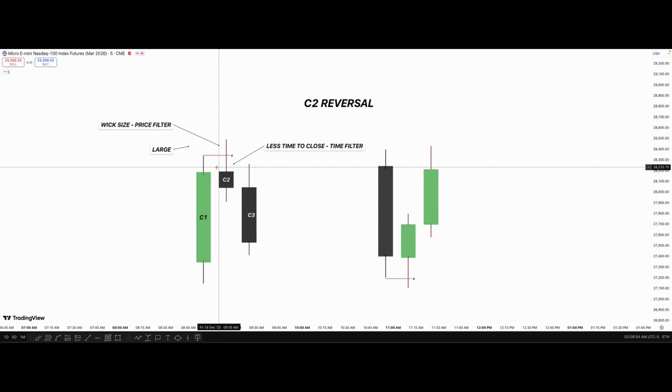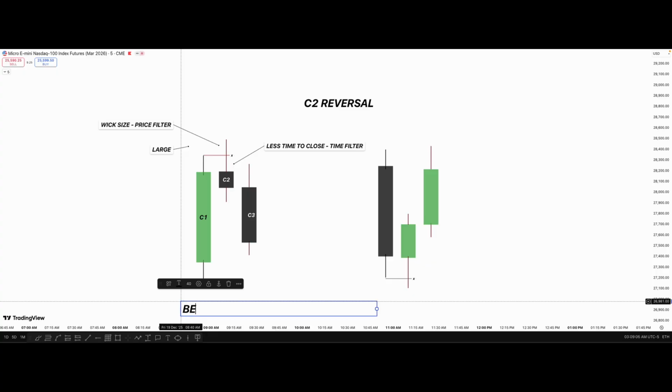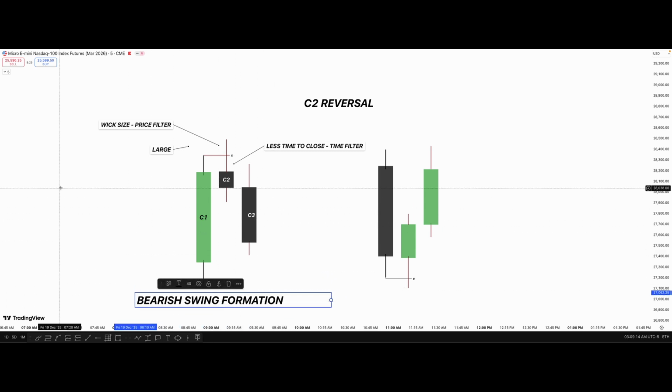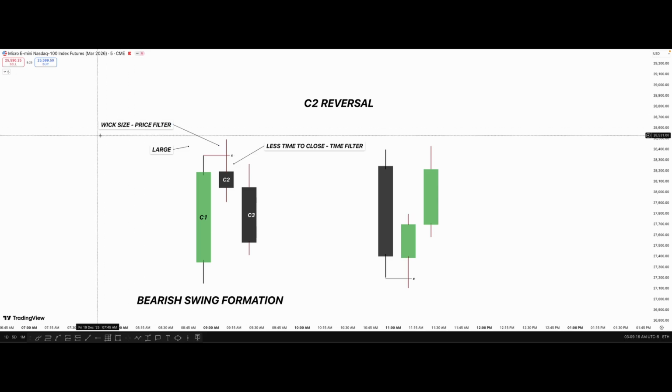So what we can do is we can just predict that this is a swing formation. This is a bearish swing formation, right? For a bearish swing formation, the first thing that we need to understand is the wick size, which is your price filter.